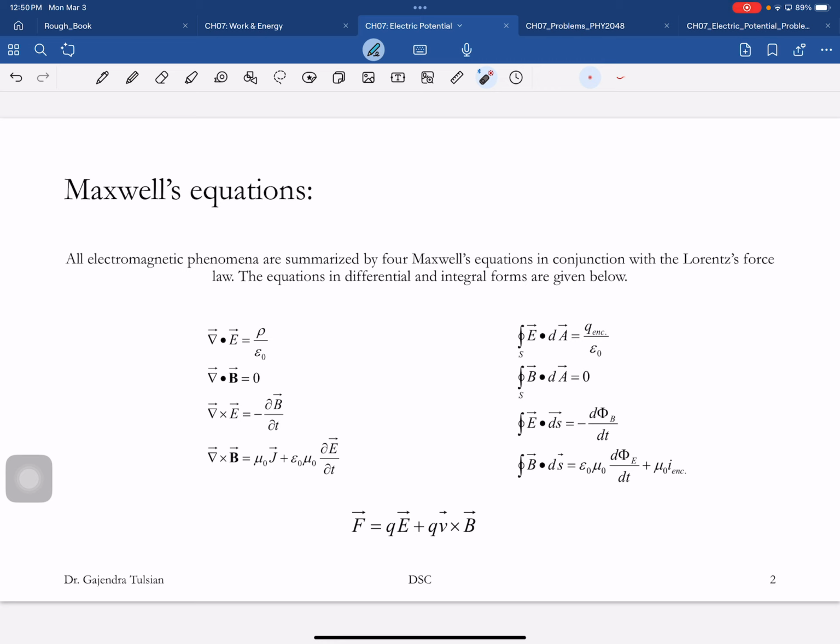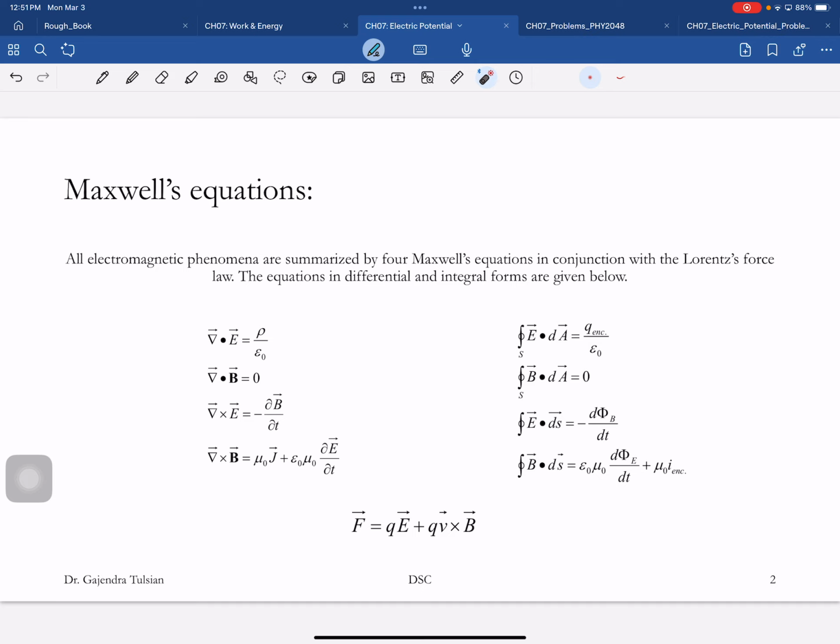Okay. All right, what these equations say is, the right-hand side is the cause. You don't have to understand these equations, I'm just telling you a few things about it. The right-hand side is the cause, the left-hand side is the effect.